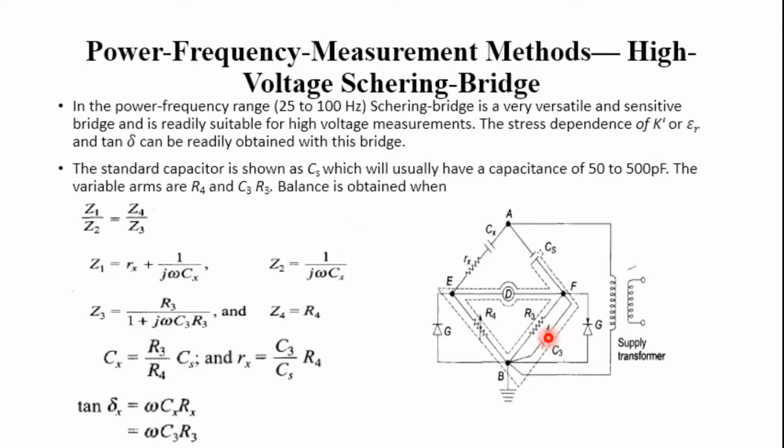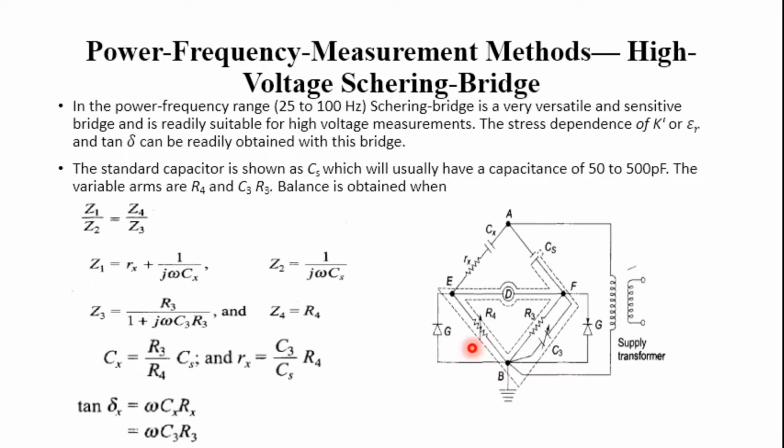So C3 will give a direct reading of tan delta. R4 will be in the form of a decade box with 5 to 6 decade dials. The maximum value of R4 is limited to around 10 to the power 4 ohm, and the lowest value allowed is around 0.01 ohm.